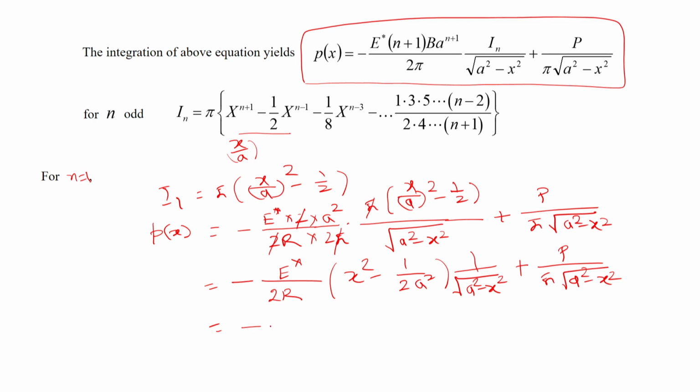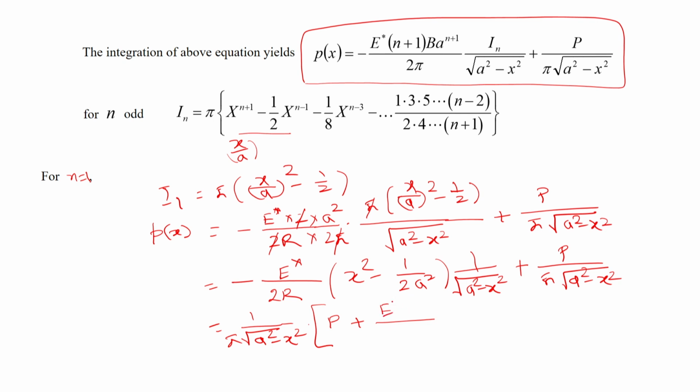So, let us write it here, 1 by square root of a square minus x square. Let us see here p by pi. So, let me write pi here, then p here, and then plus here. So, let us say 2 a square. Let us say that I take 2 a square out.